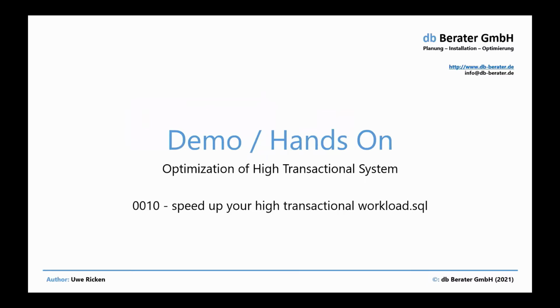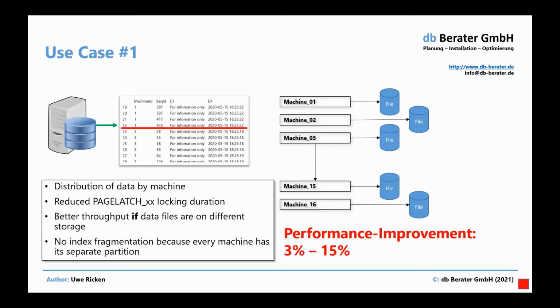The optimization is in the way that we will now try to cover that with partitioning. So the demo I want to show you here is that we will create, for every same table, and we couldn't change the table design, there was no chance, but what we could do is create for every single machine ID a separate partition.